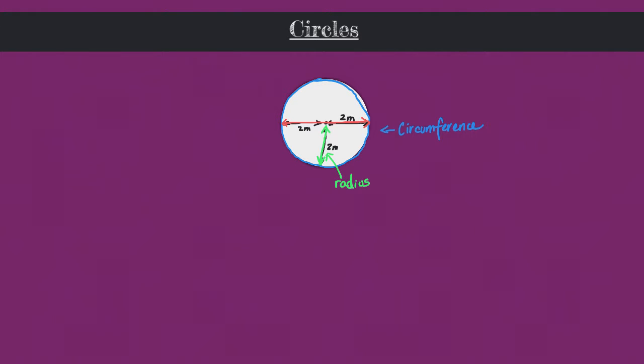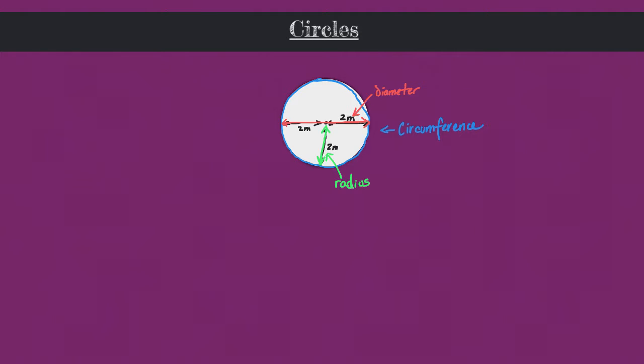So here we have pretty much the line that goes through the center of our circle. That is called our diameter. The straight line going through the center of our circle from one part of the circumference to the other.